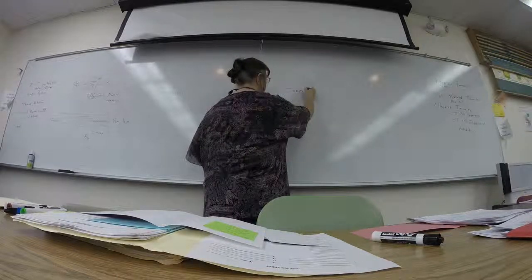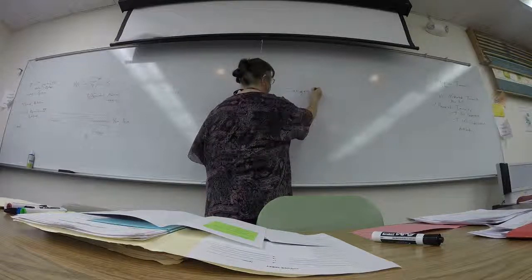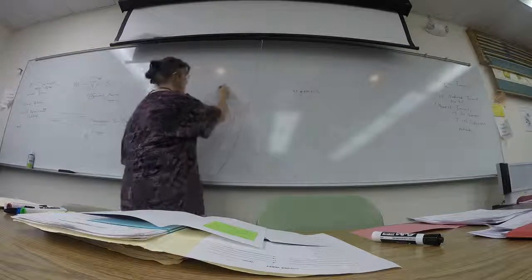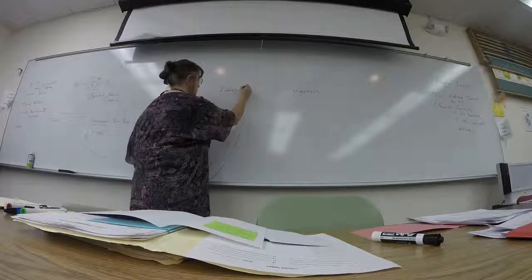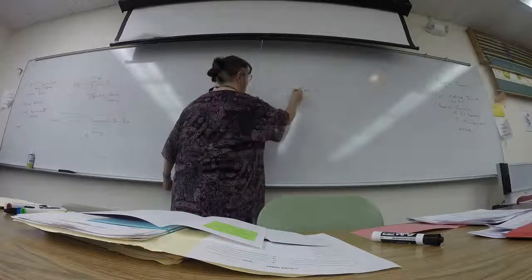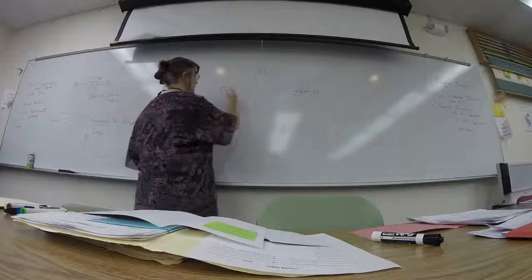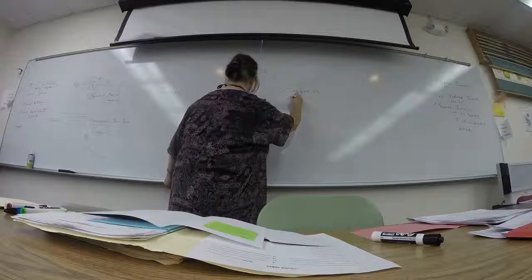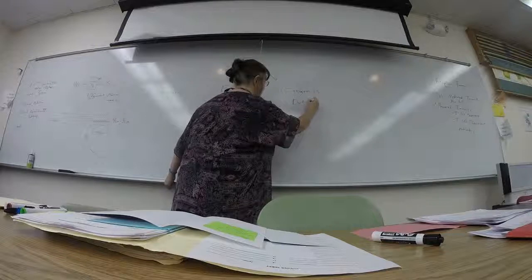Exogenous versus endogenous. What does exo mean? Outside. What does endo mean? Inside. So you have processing of your antigen both outside and inside.